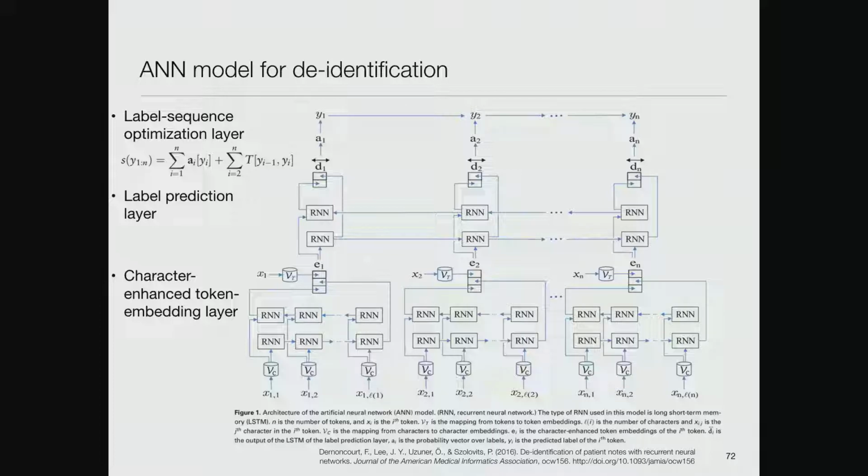So is it a name, is it an address, is it a phone number, and so on. And then the top layer is a conditional random field-like layer that imposes a sequential probability distribution that says, okay, if you've seen a name, then what's the next most likely thing that you're going to see? And so you combine that with the probability distributions for each word in order to identify the category of PHI or non-PHI for that word.